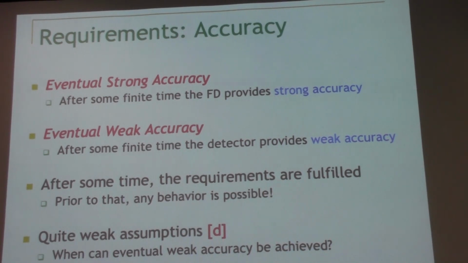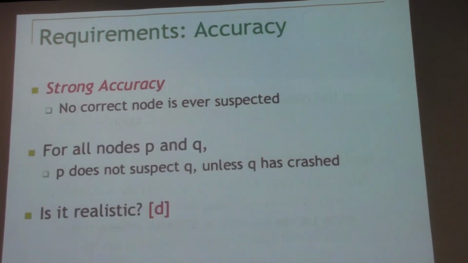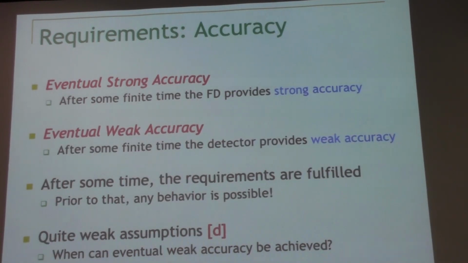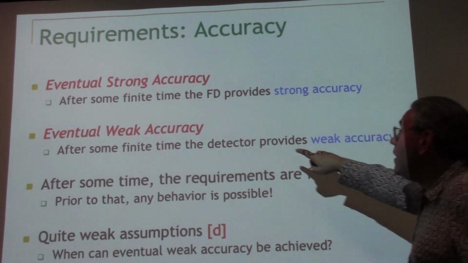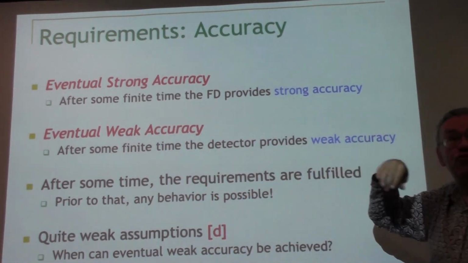We can make these properties eventual. Weak and strong accuracy. Strong accuracy means you never make mistakes. But that's a little bit too strong. So we can make it a little weaker in another way. We can say, after some time, it's strong.